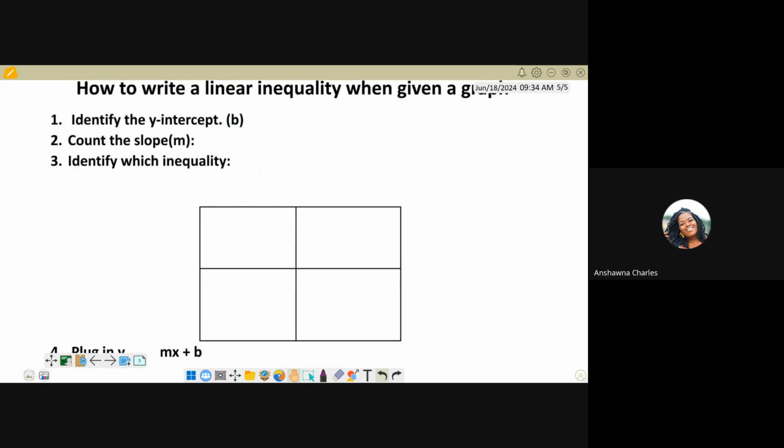I'm going to put the little symbol again right here. So we have below, above, dashed, and solid.